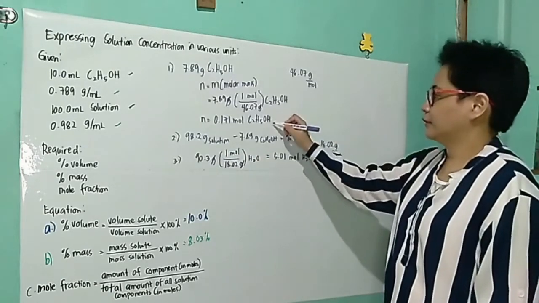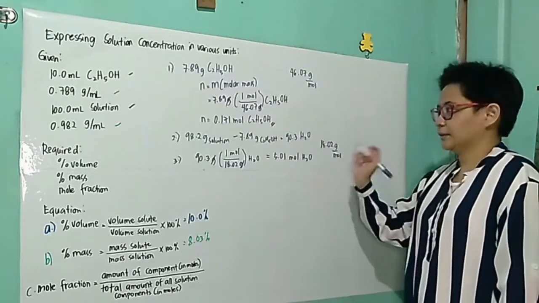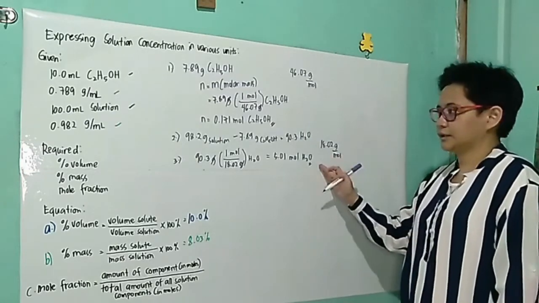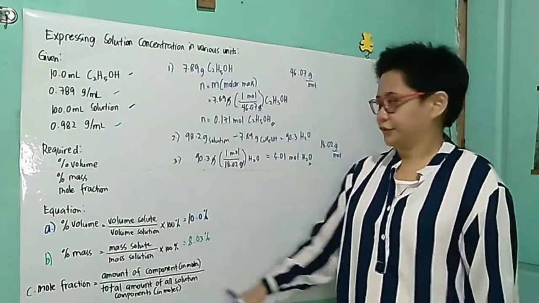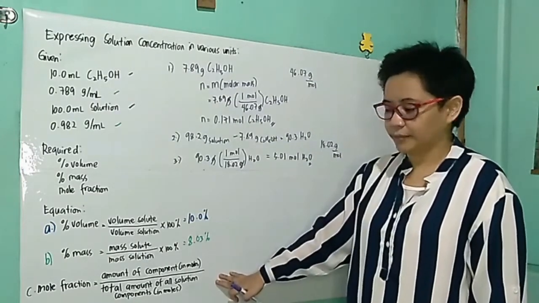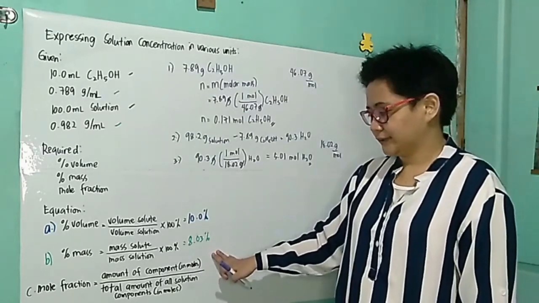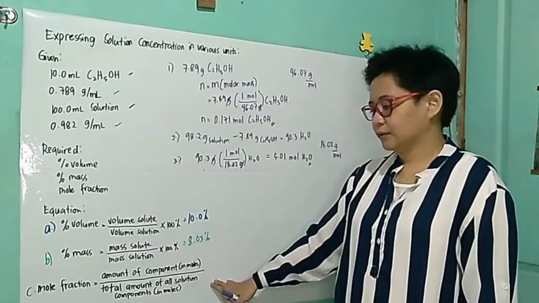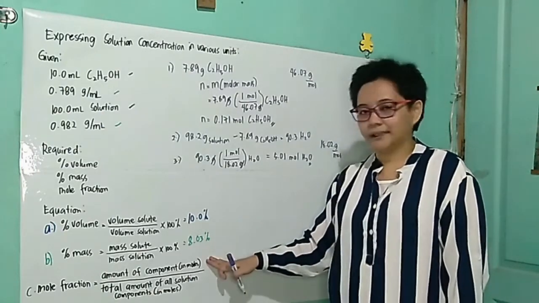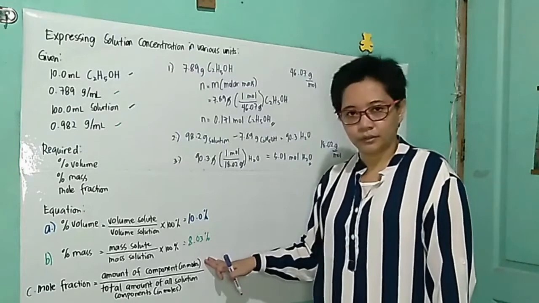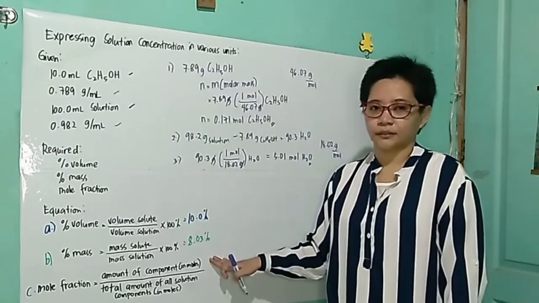We now have the number of moles of solute, which is your ethanol, and number of moles of water, which you will use in the denominator of the mole fraction. Using the formula of mole fraction, amount of component in moles divided by total amount of all solution components in moles. This is not identified as solute because you can also use this formula for solvents.